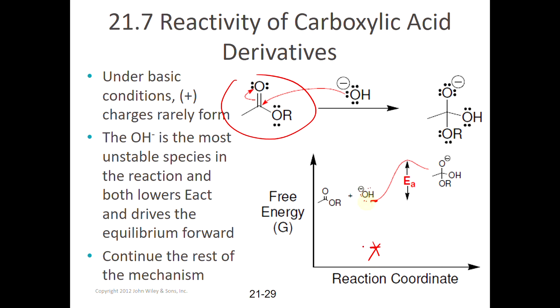It's a strong nucleophile. Again, I can't also add an acid here, because if I try to add an acid, well, the OH minus is just going to pick that up. They'll just neutralize each other, and that defeats the purpose of it. So when I'm under basic conditions, I'm not going to be forming positives, I'm going to be forming negatives. And so this is unstable, it's relatively high in energy to begin with.